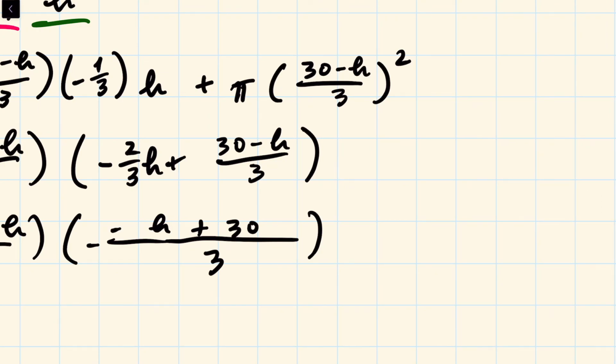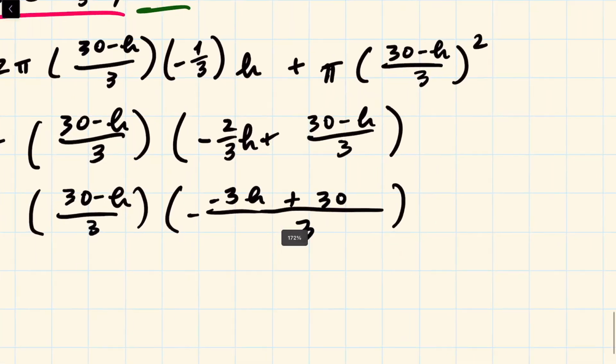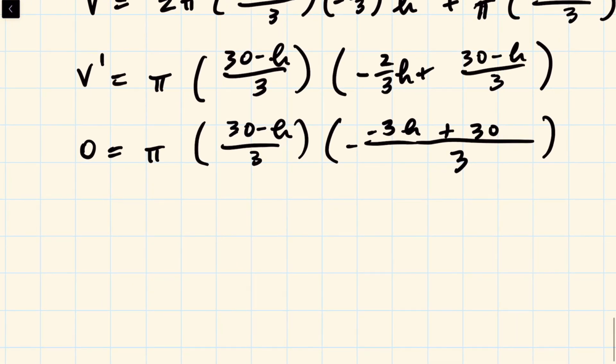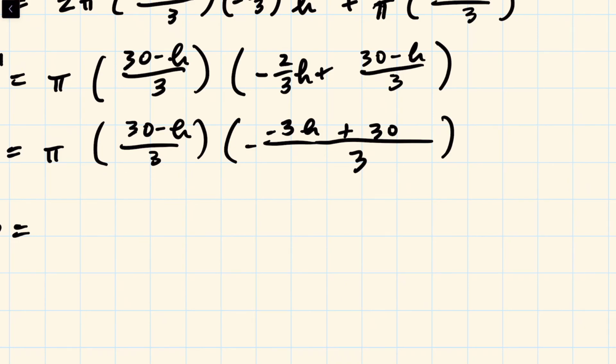Negative 3h. Okay, so now we can ignore this pi. We can say that 0 is equal to this, or 0 is equal to this. So we have 30 minus h over 3.